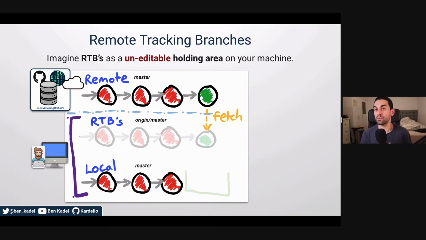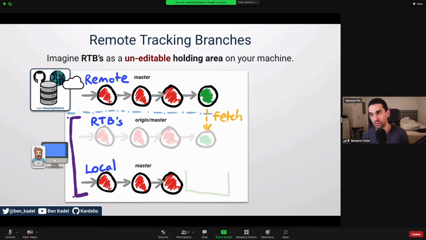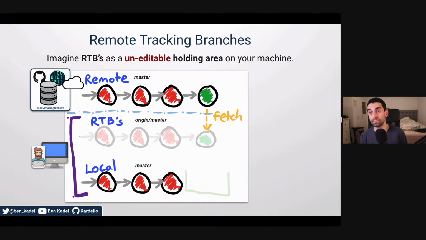You can think of a remote tracking branch correctly as an uneditable holding area on your machine. All three of those parts are so important. Uneditable by you, holding area, on your machine. Above the dotted line, we have the remote, the cloud, the server, and it has commits.